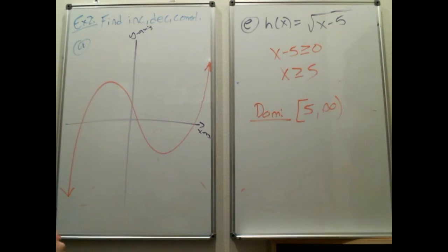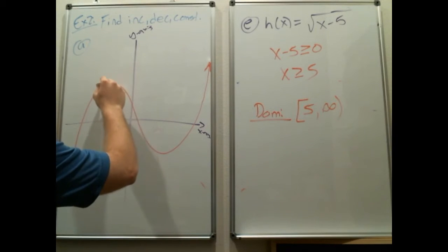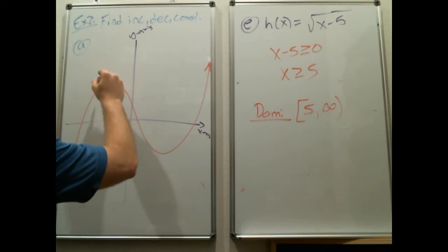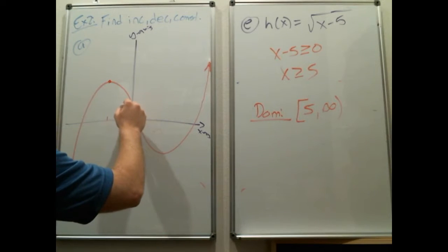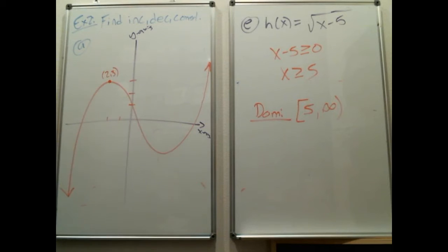Alright, and you have to know some values here because we're doing increasing, decreasing, and constant. So let's call this point here 2. 1, 2, 3. This is 2, 3. On the test, they may not label it like this. I'm just doing it because I'm a terrible drawer, and so you can see your graph.